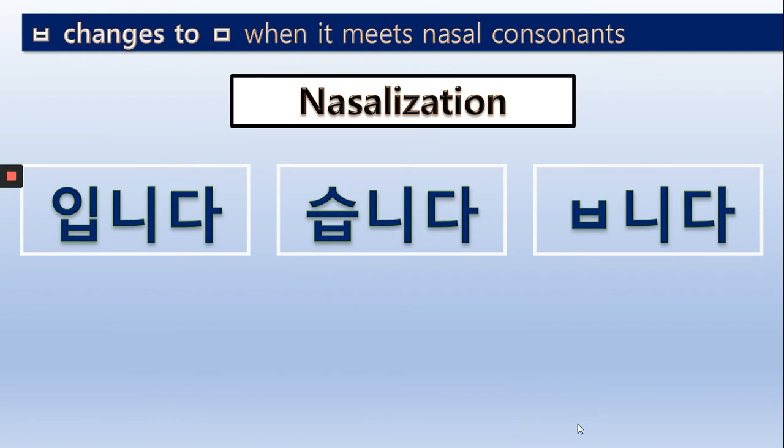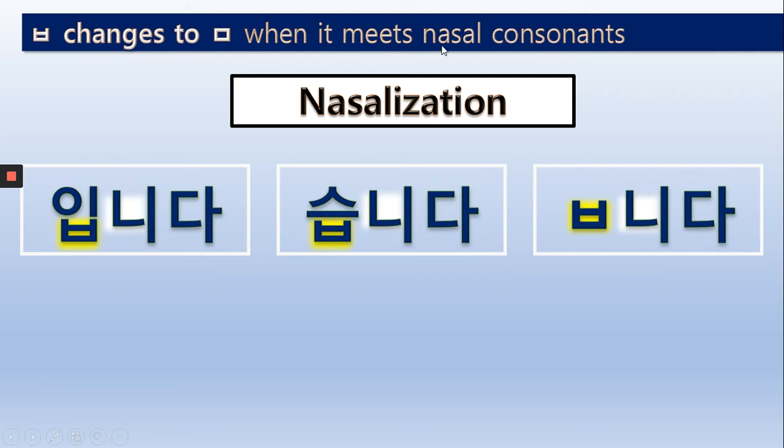This is a bit important as you read. A ㅂ changes to ㅁ when it meets nasal consonants. So this is what we call nasalization. When this ㅂ meets a nasal consonant, ㄴ is a nasal consonant.